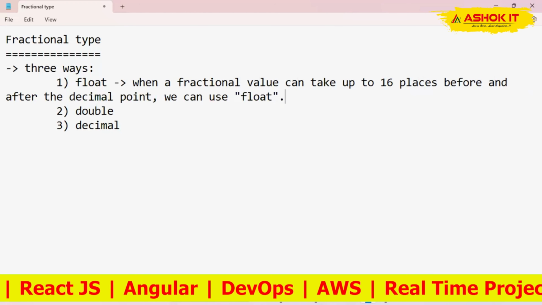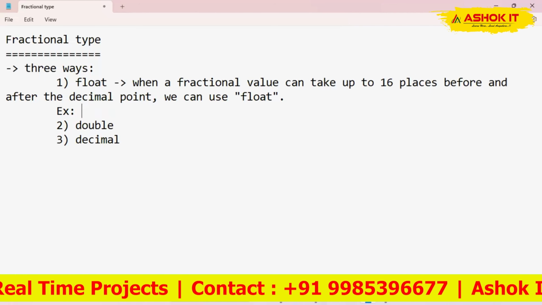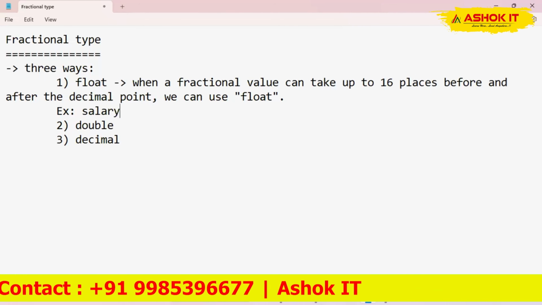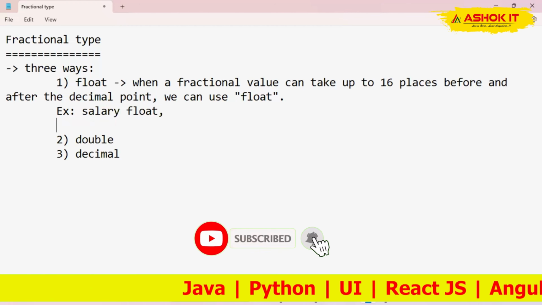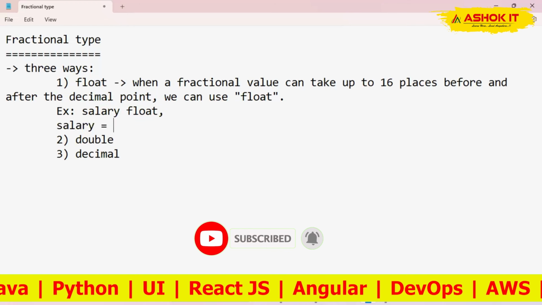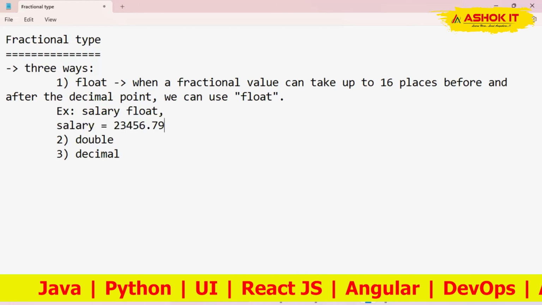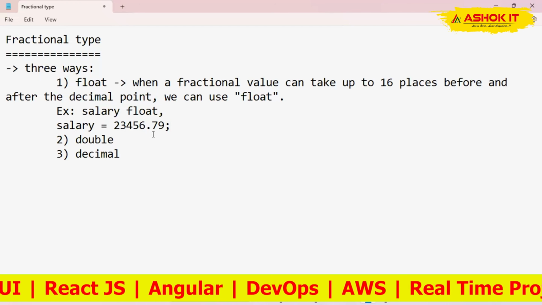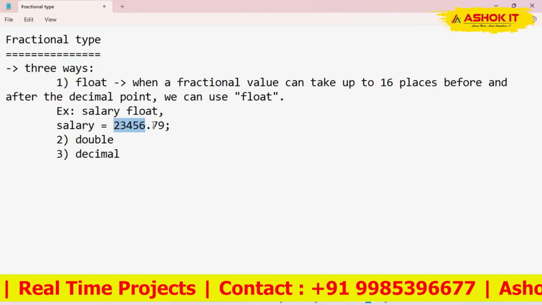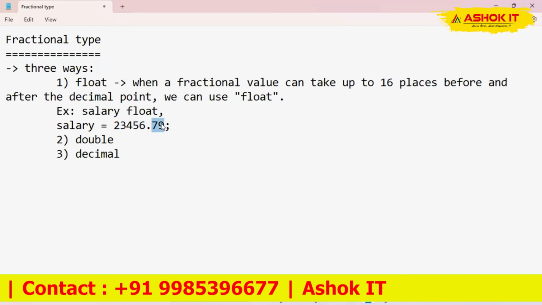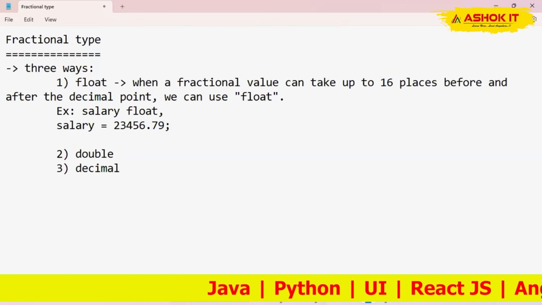For example, salary is a column of the employee table. It can be represented with float, so we can take a salary value like 23,456.79. Before and after the decimal point, we can keep a maximum of 16 places. Such a representation comes under float. Now the double.